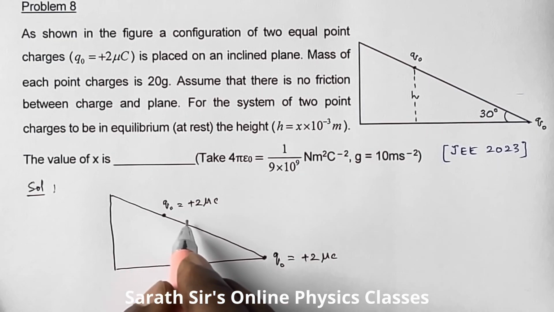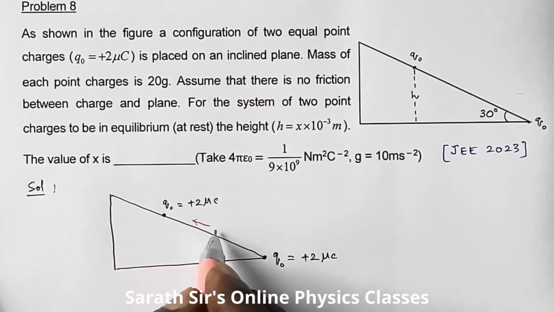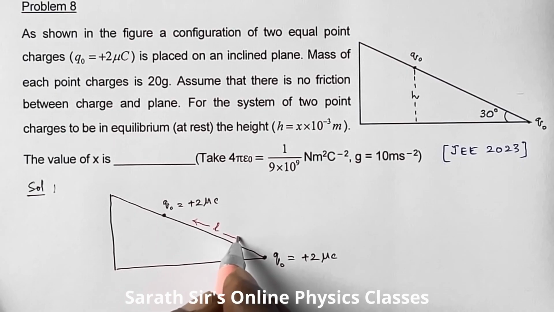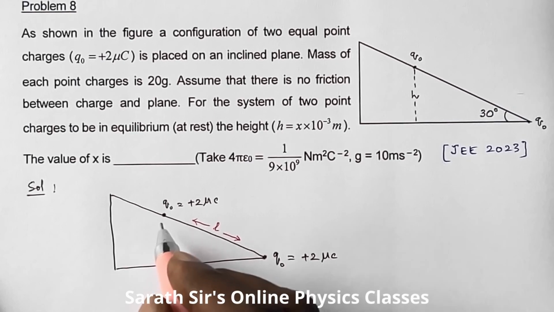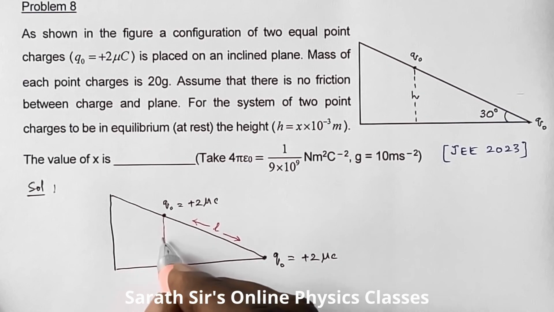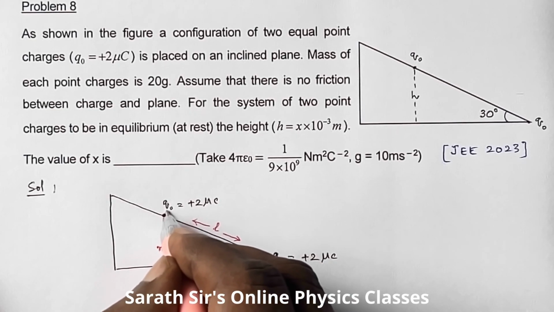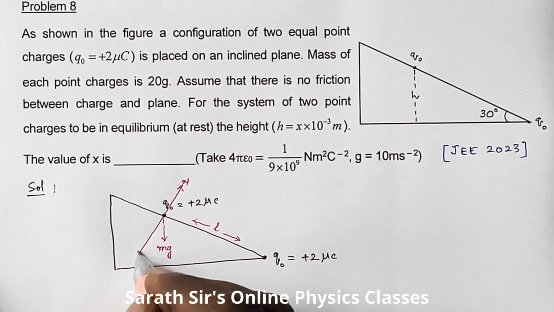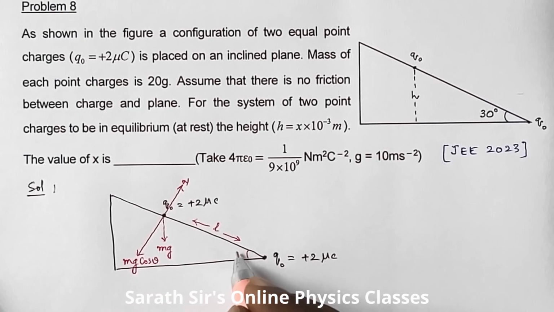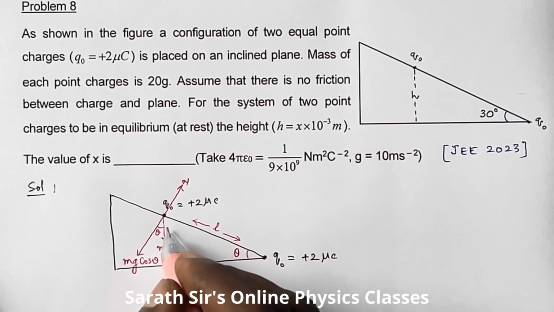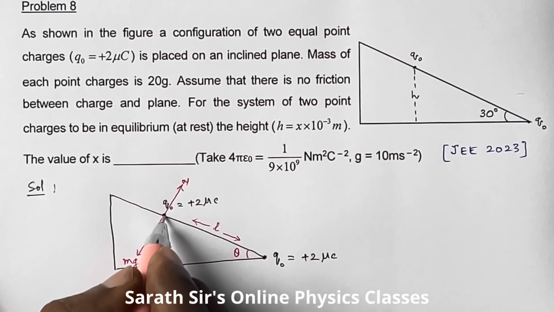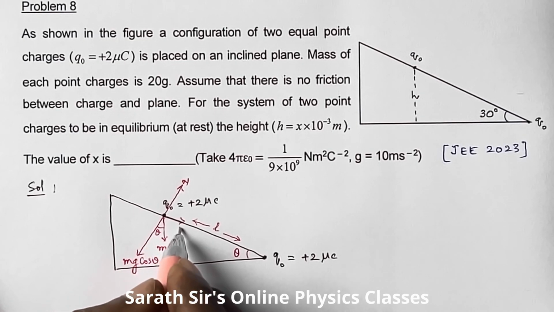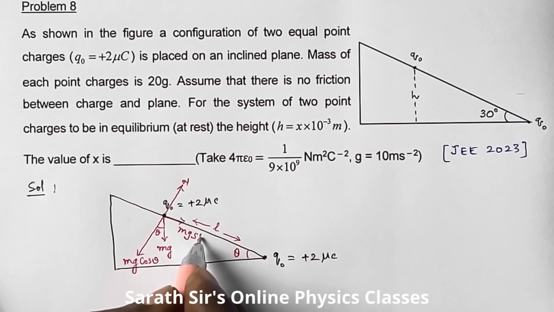The distance between them is not given, so let me take the distance between them as some L. Okay, so here the weight of a particle vertically acts downwards, and this is the direction of the normal reaction force, and this is mg cos theta. So this is the theta value. So this also becomes theta. Then in the downward direction, this is mg sin theta.